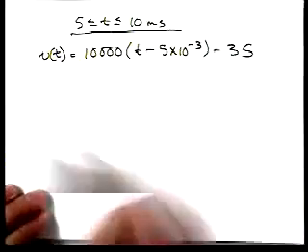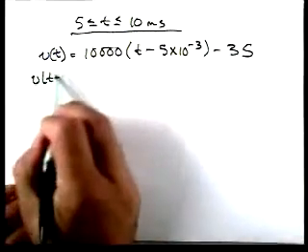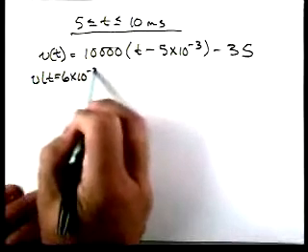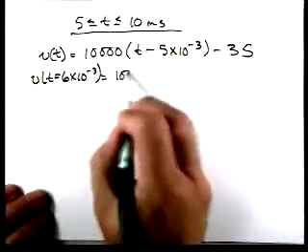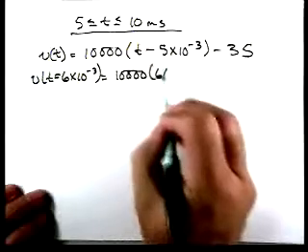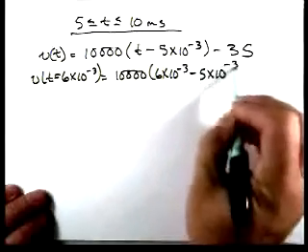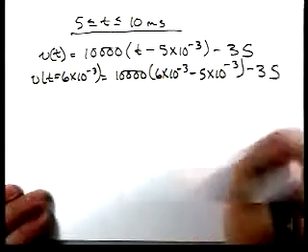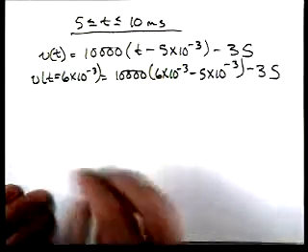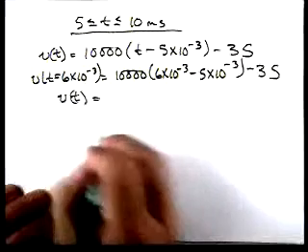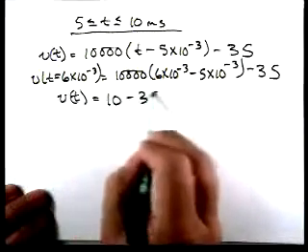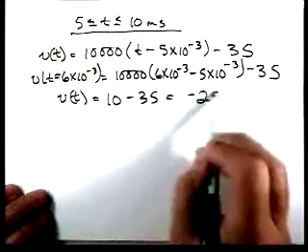So at t equals 6 milliseconds, V of t is 10 minus 35, which is minus 25 volts.